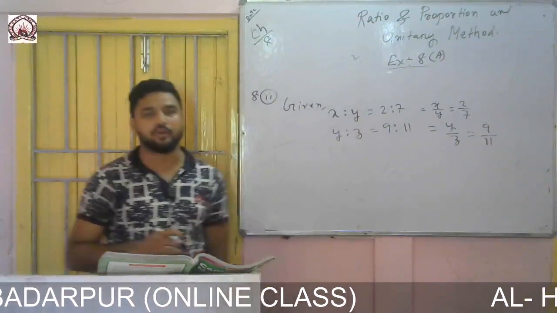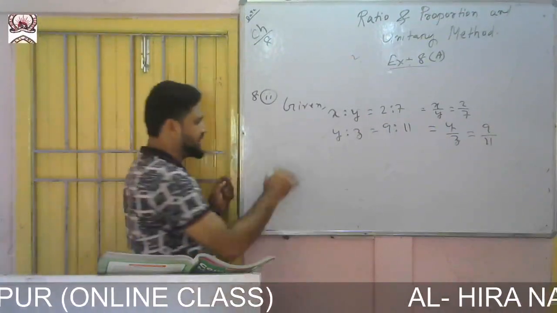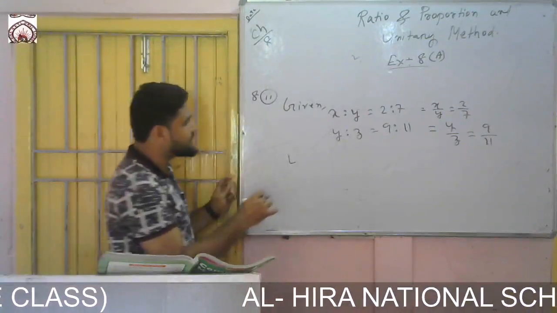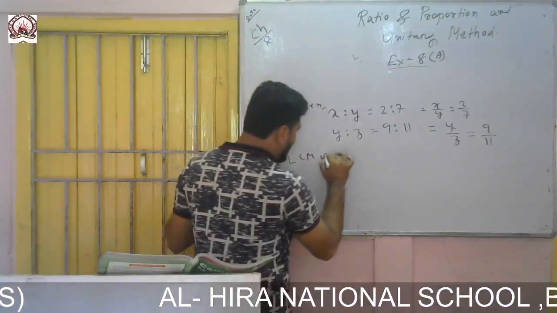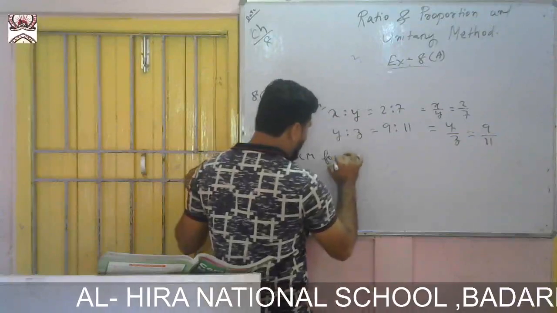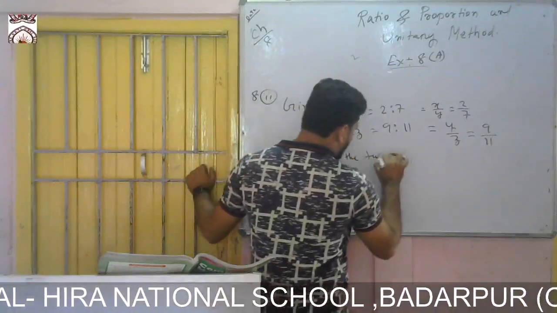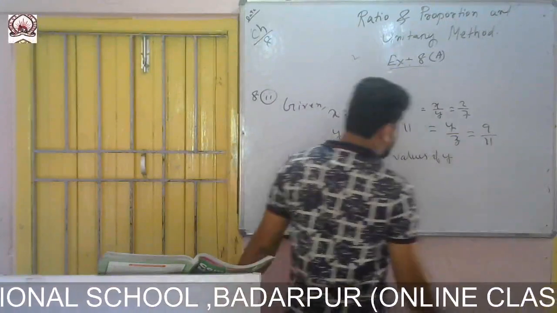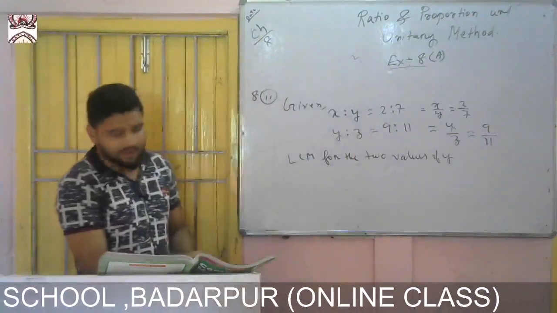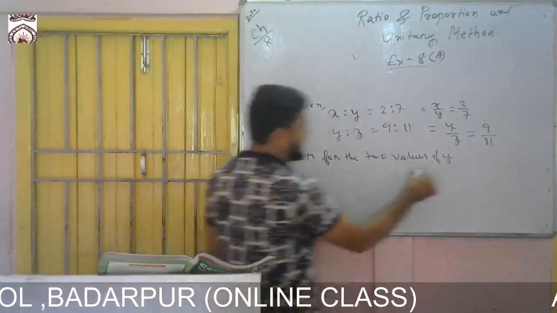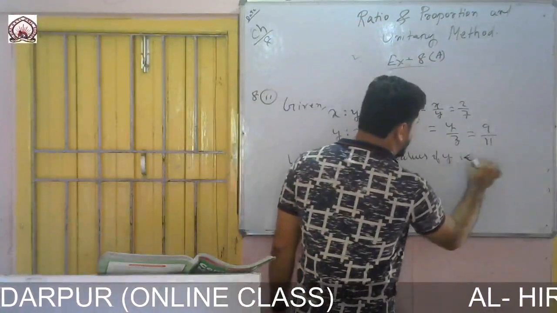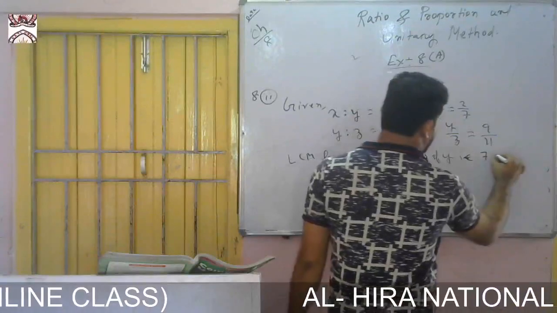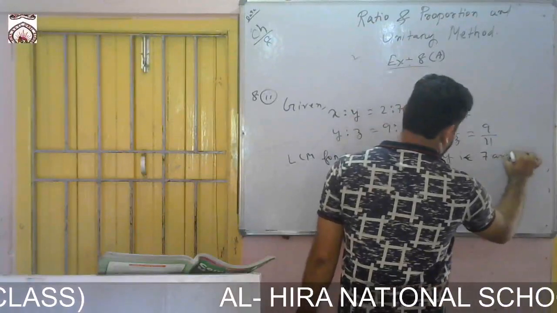That means I need to take the LCM of the two values of y, that is 7 and 9.